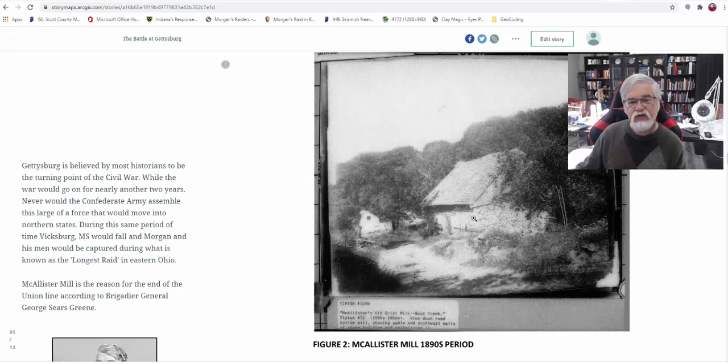This photograph of McAllister's Mill was taken sometime after the battle, probably in the 1880s. It was not taken right during the battle time.